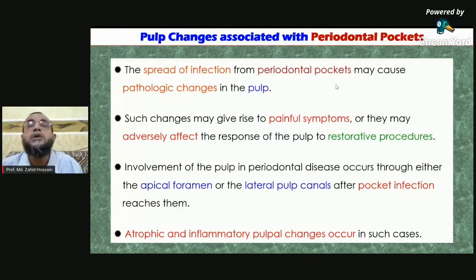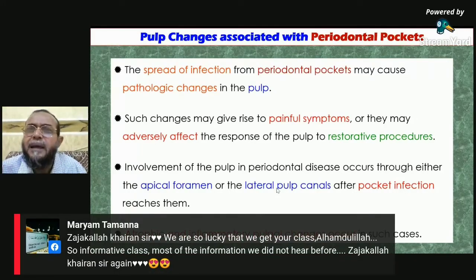Pulp changes associated with periodontal pockets. Sometimes our pulpal tissue can also be affected by pocket formation, because, you know, a lot of teeth have accessory canals and lateral canals. Even sometimes if there is a cemental tear, bacteria can pass through the dentinal tubules to the pulp.